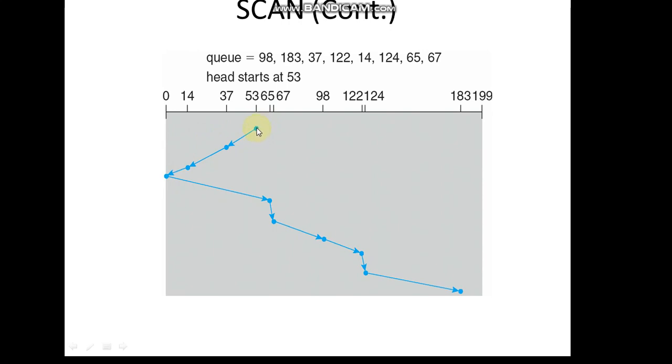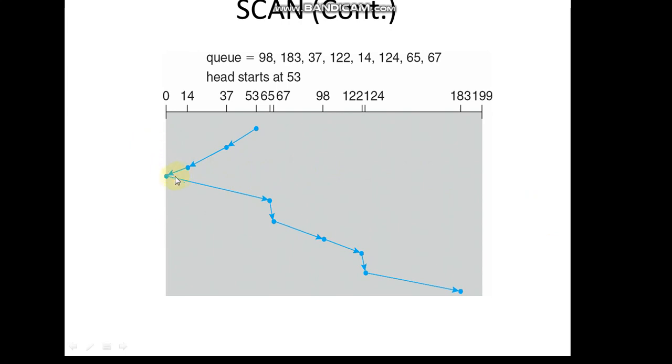Here let us take that the SCAN algorithm moves towards the left first. From 53 it moves to 37, which is towards the left, then to the 14th cylinder, and reaches the end, that is the 0th cylinder, and then again it starts moving towards the right side.